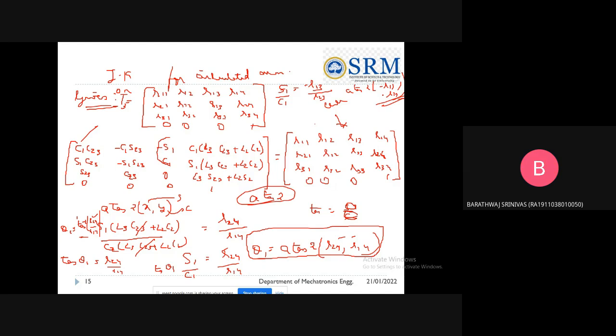Theta 1 is already solved. You need not solve for theta 1 again, right? Somehow you solved for theta 1. So what are the other angles which you need to solve for? Theta 2 and theta 3 you need to solve for.